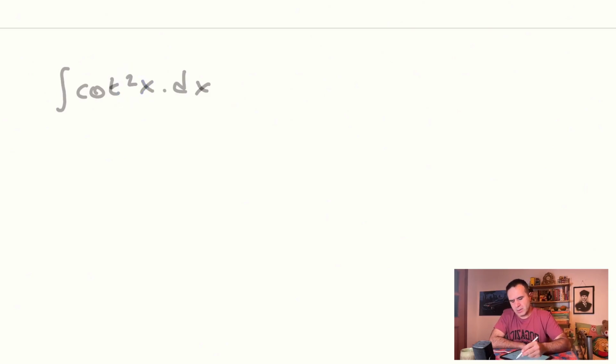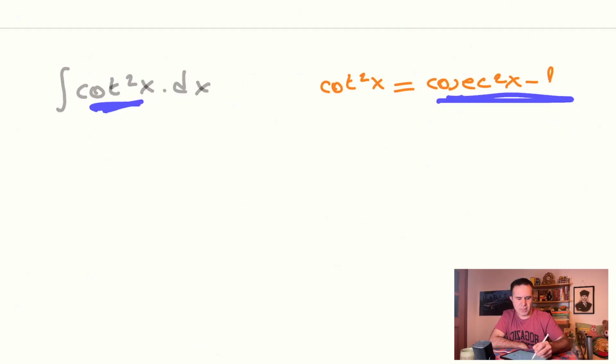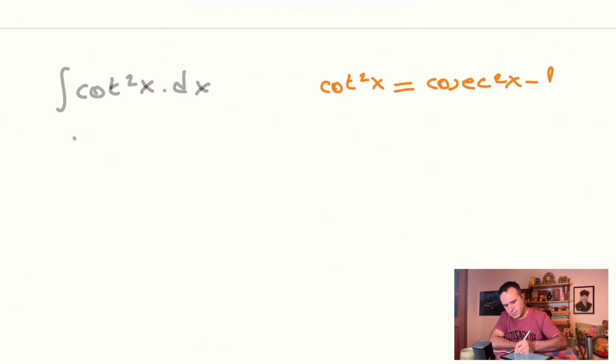I cannot reduce it, but I should write cotangent square of x as cosecant square of x minus 1. If you write this as cosecant square of x minus 1, you can easily solve the integral.